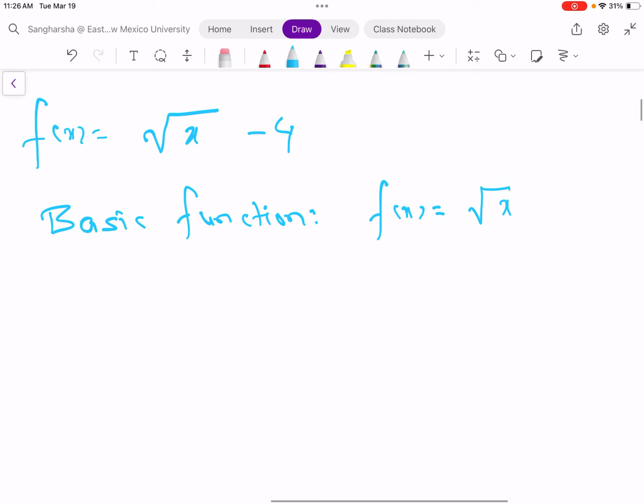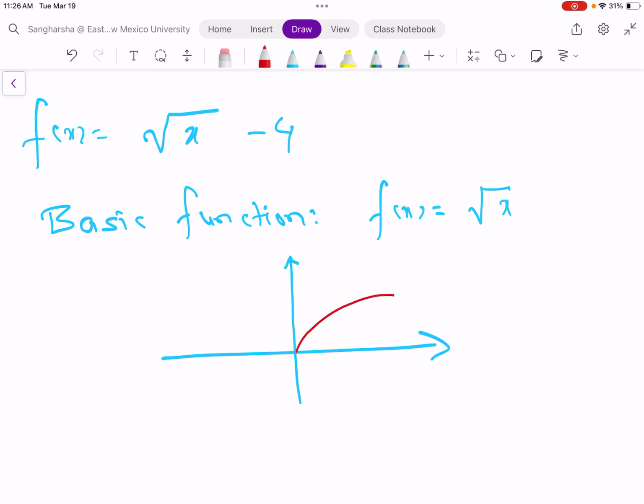Now let's draw a graph for this function. You don't need to be precisely correct. You can just have a close enough graph. So the graph of this function looks like this, right? That's what we know. So this is the graph of a basic function. You have to know this one.